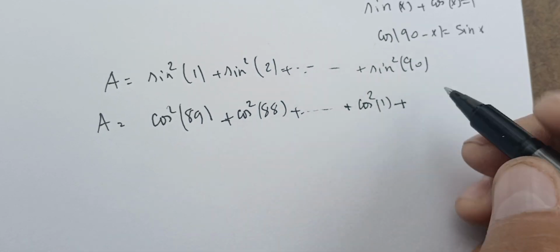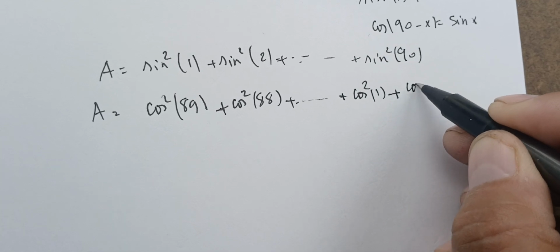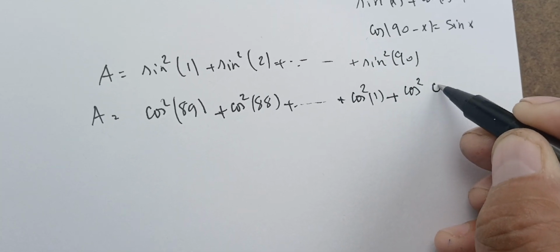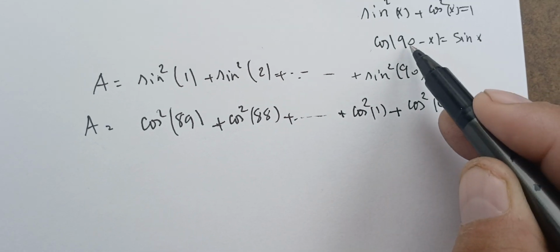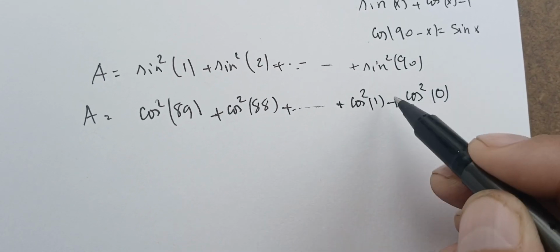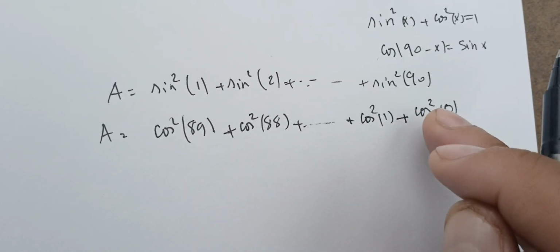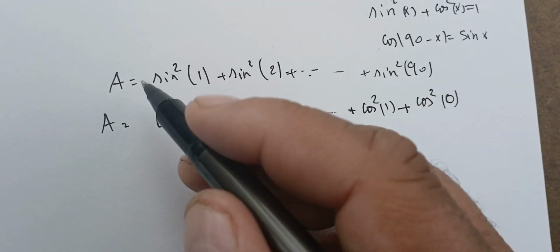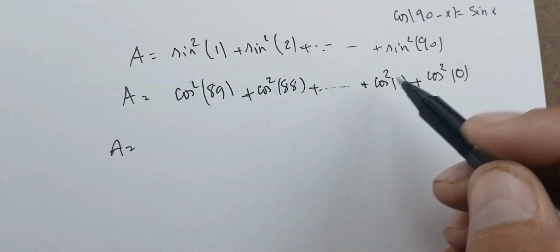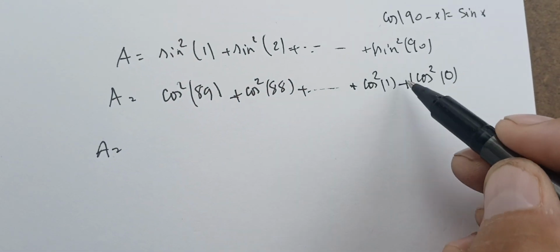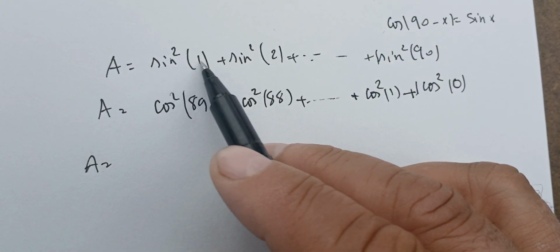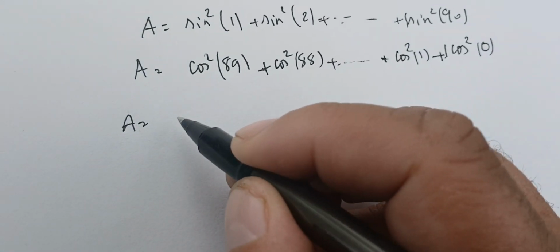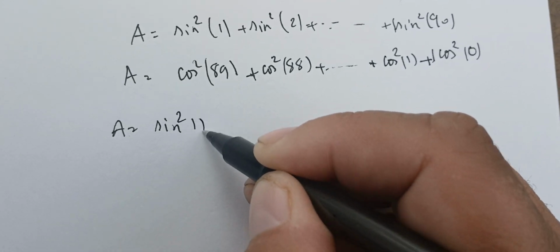Plus the last one, which is cosine squared of 0, because x is 90 and 90 minus 90 is 0. Let me write it one more time, keeping these last two terms in this sum.